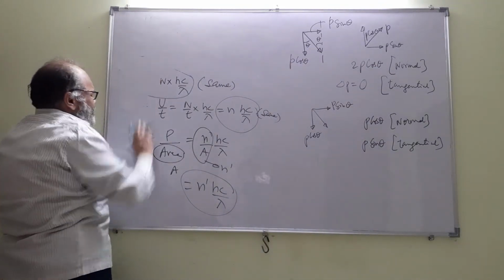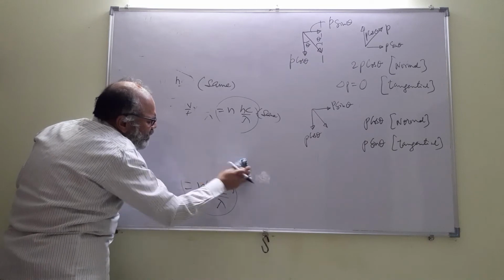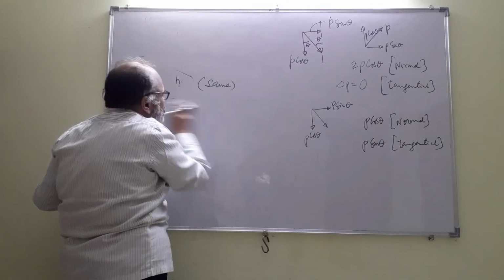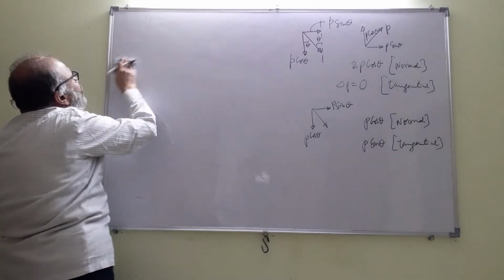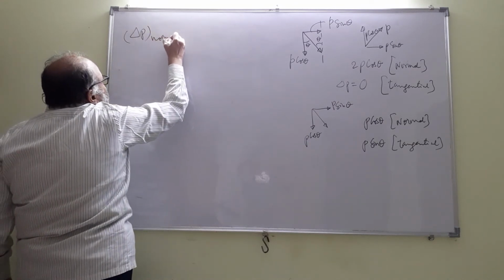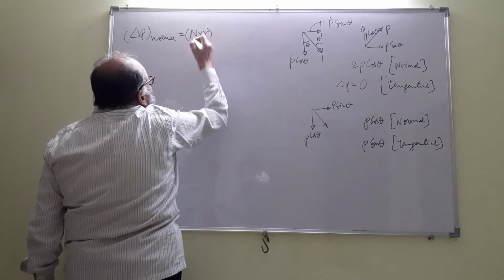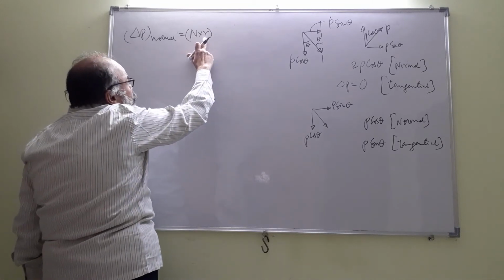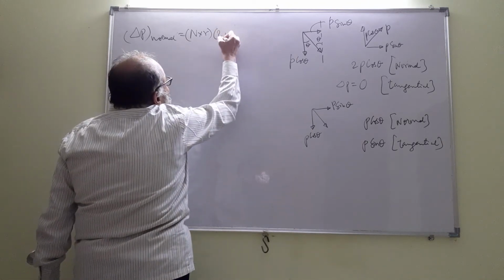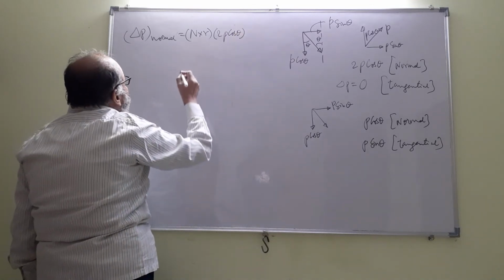So let us take the total change in the momentum in the normal direction first. So delta P normal would be, let us take the reflection first, n into r. Total number of photons is n, reflection coefficient is r. So n into r will get reflected. So n into r into 2p cos theta. That will be the change in momentum for the reflected photons.